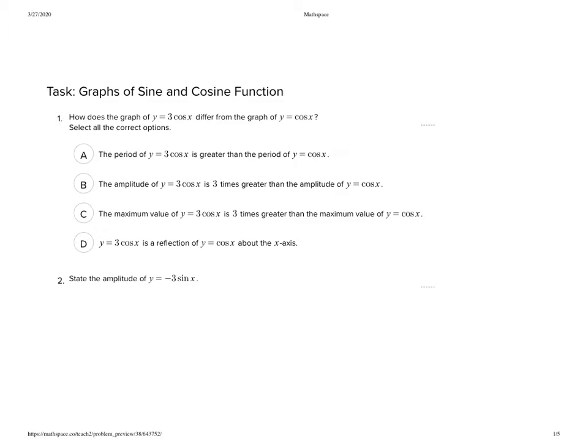The first question asks how the graph of y equals 3 cosine x differs from the graph of y equals cosine x. We see the number in front of cosine: one has 3, the other does not. What does 3 represent here? The number in front of a cosine is the amplitude.